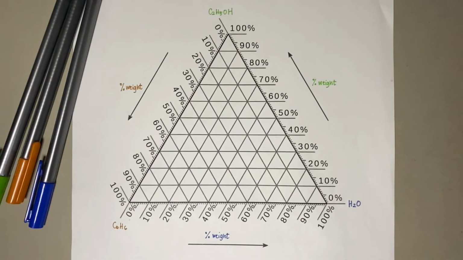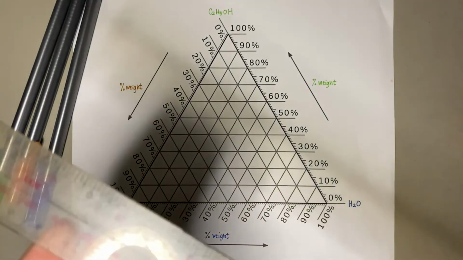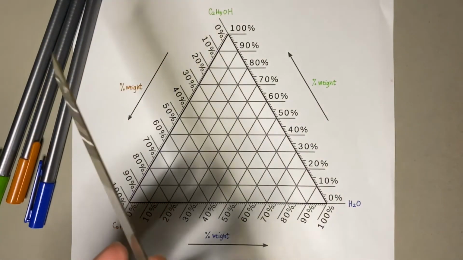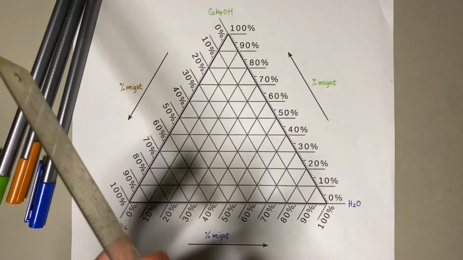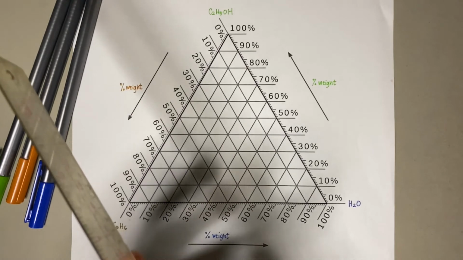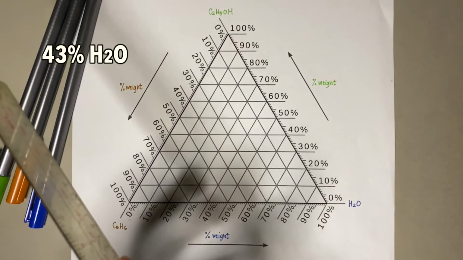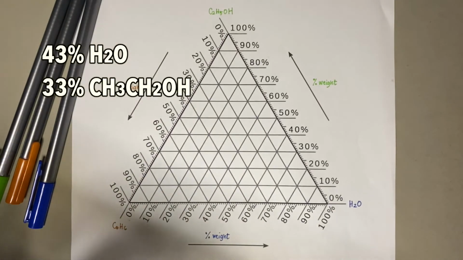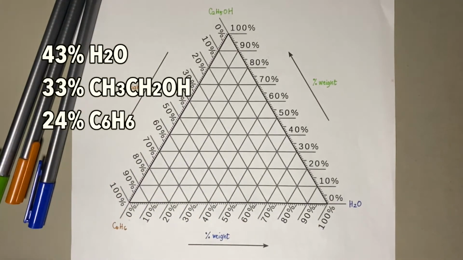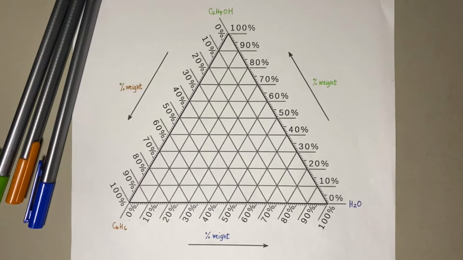How do we locate a point in the Stokes Roozeboom diagram? A ruler is handy when trying to locate a point in this type of diagram. Let's say we want to plot 43% water, 33% ethanol, and 24% benzene.